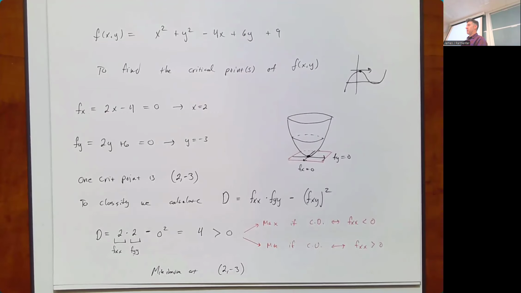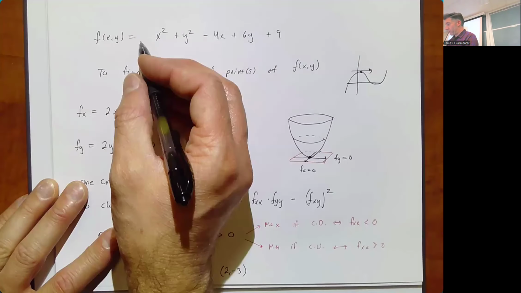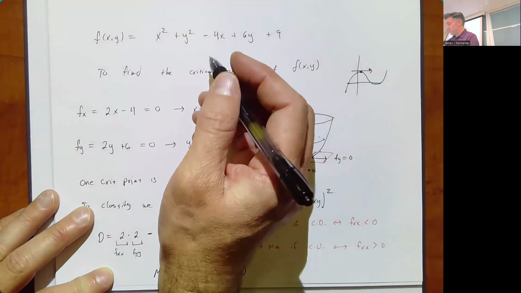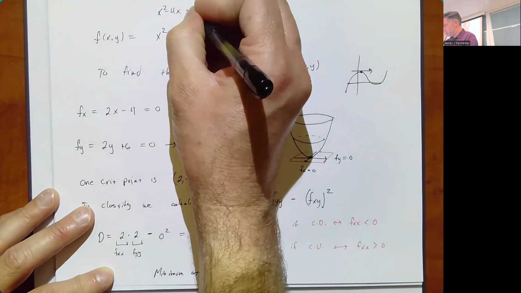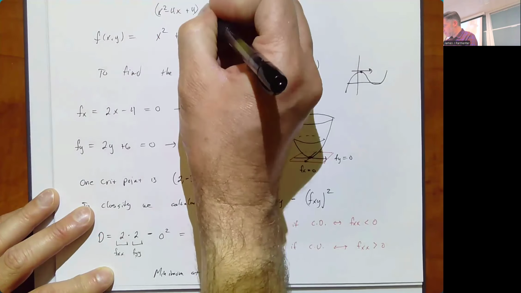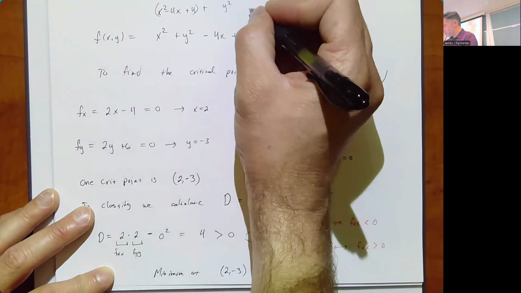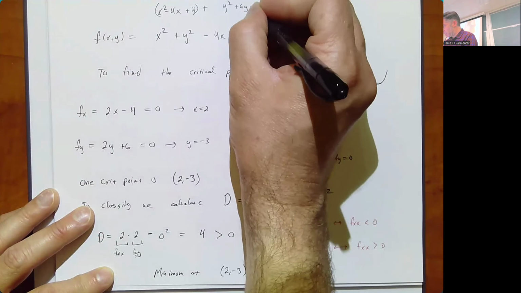Which we were expecting, because we already said we knew the graph was going to be an upward opening parabola, so it would make sense that it's a minimum. In fact, if you wanted, we could complete the square and say this is x squared minus 4x plus 4, plus y squared plus 6y plus 9.